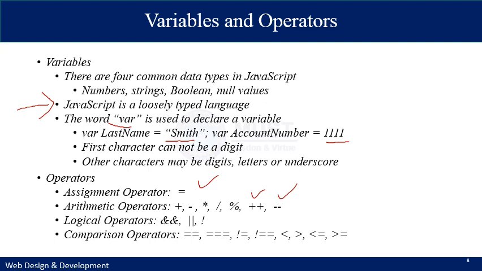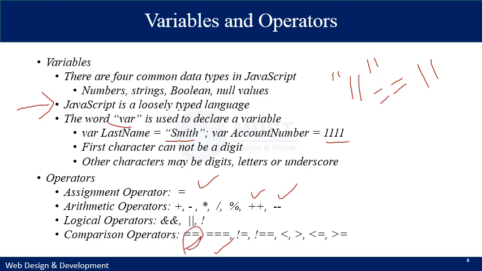There is a slight difference in JavaScript: this operator, double equal to, compares two values, while triple equal to compares the values and the type of both variables. For example, if you use the first two and compare 11 in the string with the 11 in the number, this operator will return true.